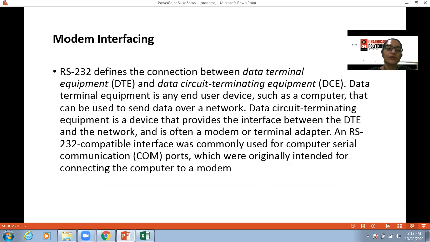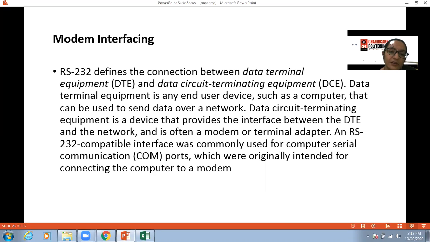Now, starting with the interfacing. RS-232 is a serial transmission system which is designed to support communication over very short distances between the DTE and DCE. Because RS-232 was intended for DTE and DCE links, its functions are very largely those needed for controlling of the modem.